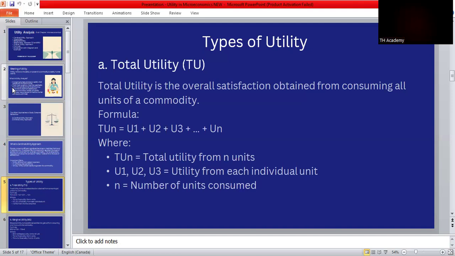We can calculate it using a simple formula, that is TUn = U1 + U2 + U3 + ... + Un, where TUn is the total utility from consuming n units. And here you can see the U1, U2, U3, which are basically the satisfaction you get from each individual unit. And here n is the number of units you consume. So in short, total utility adds up the satisfaction from each unit to show the overall happiness from consuming a product.